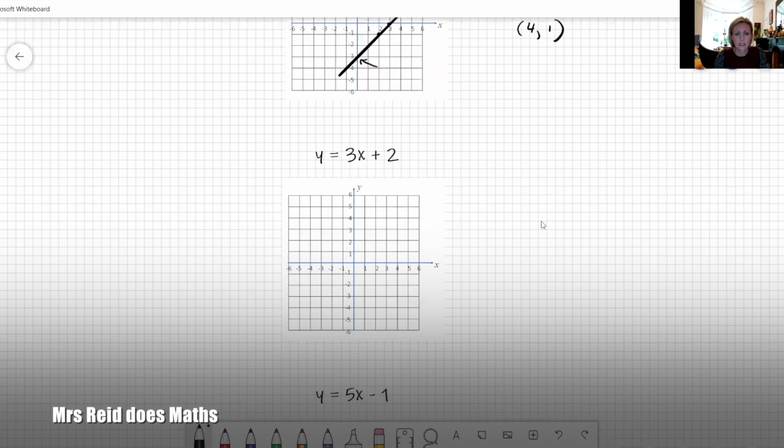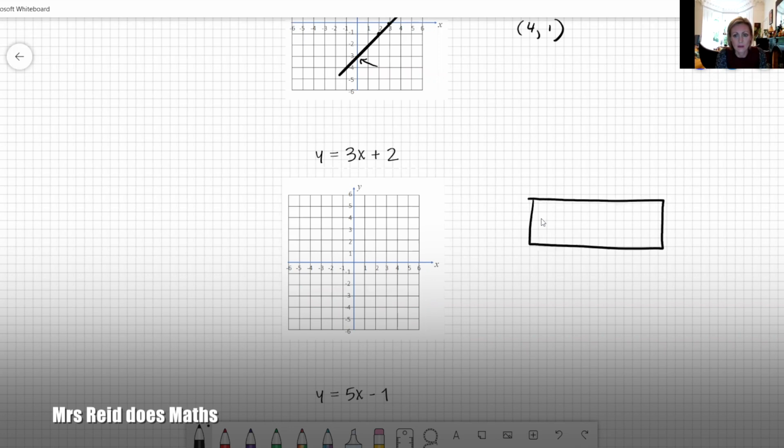So this example down here, each y coordinate is 3 of the x's plus the number 2. So again, we just make a wee grid, and then we just need to choose some coordinates. Now I'm going to be multiplying these coordinates by 3, so I'm going to pick quite small numbers. So I think I'll pick, I could do -1, or I could just make my life easy and do 0, 1, and 2, and not worry about negatives.